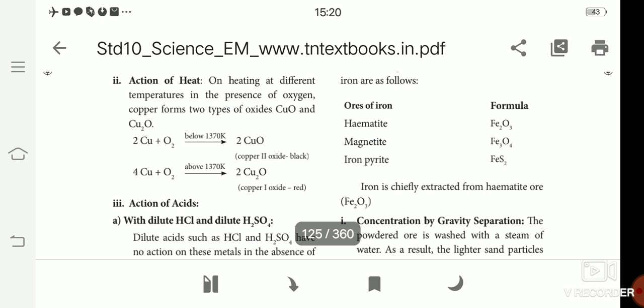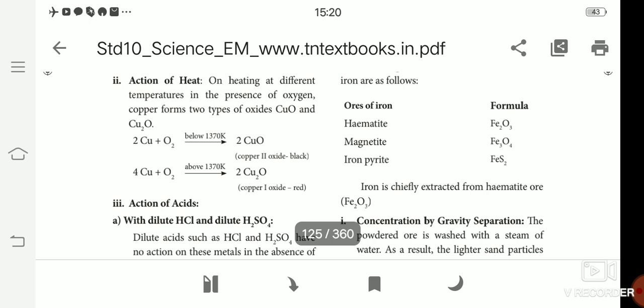The concentrated ore is strongly heated in a limited supply of air in a reverberatory furnace.